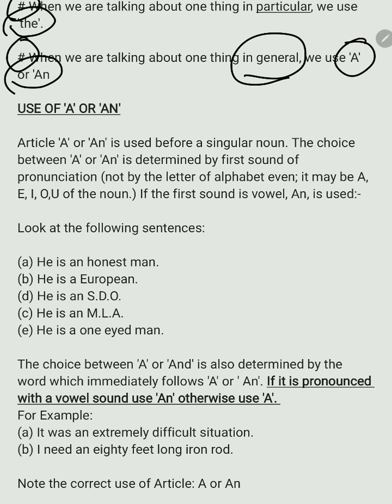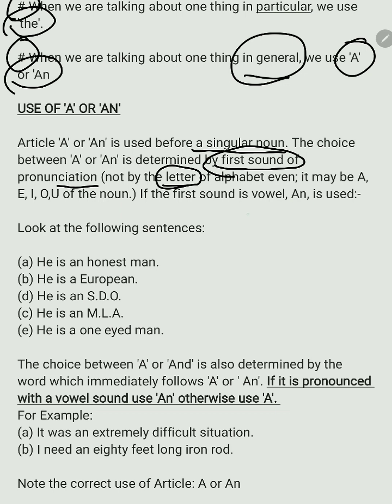The article a or an is used before a singular noun. How do we choose when to use a or when to use an? The choice between a or an is determined by the first sound of the pronunciation of the word. You don't have to focus on the letter of the alphabet.